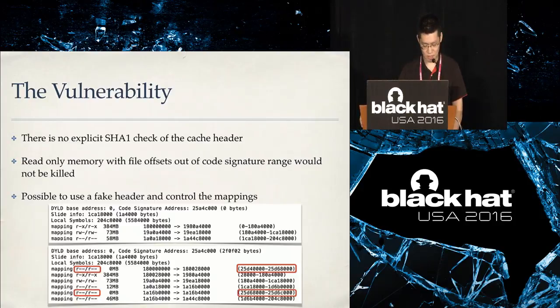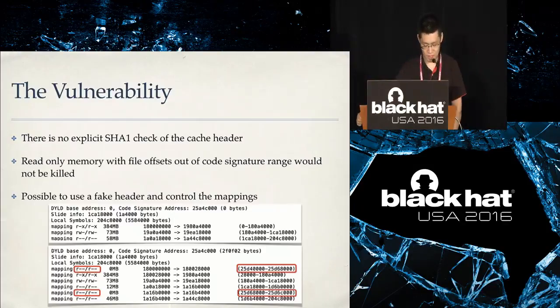And we noticed that the fake header, at the beginning, points at the end of the file. We appended the fake header at the end of the file, which has no code signature, but that's fine because it's read-only memory. So the kernel thinks, okay, read-only memory, no signature, it will just let it go. It's okay.